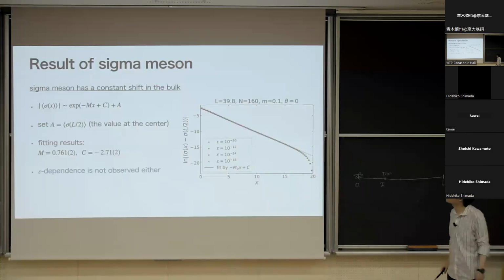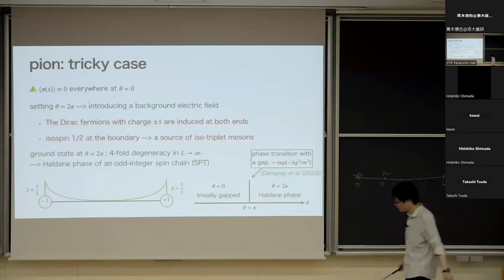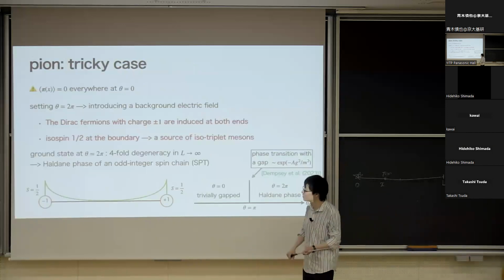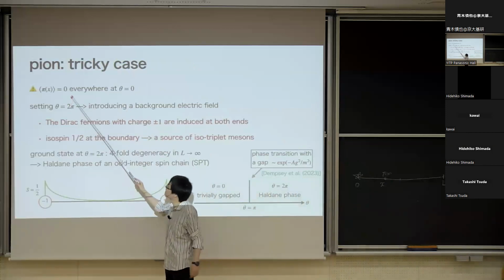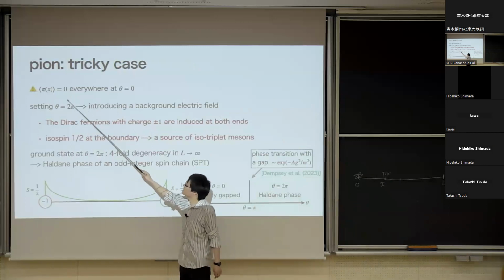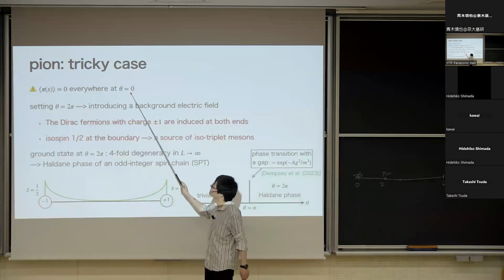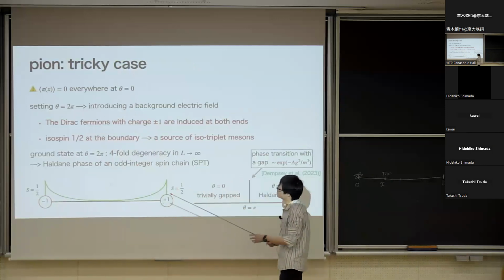So far, this result comes from theta equals 0. Next we go to the pion, but it's very non-trivial. For the pion, if we measure the one-point function of pi, it's actually 0 everywhere at theta equals 0, so we cannot use that method.